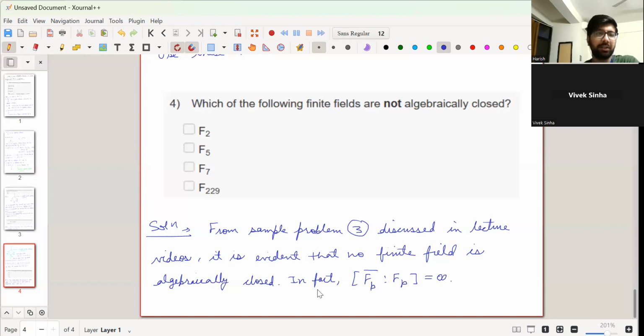It is not a finite extension, it's an infinite extension, and that is not just for p but for any p raised to n you can take. Now this implies that these are not algebraically closed. In fact, their algebraic closure is of infinite degree over the base field. So all options are correct. All of them are not algebraically closed.